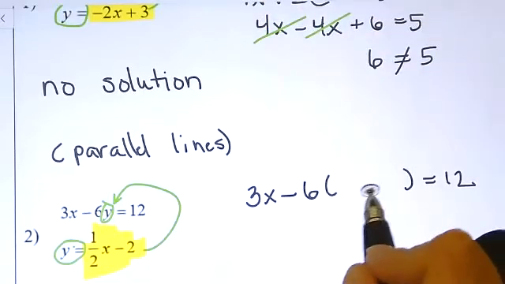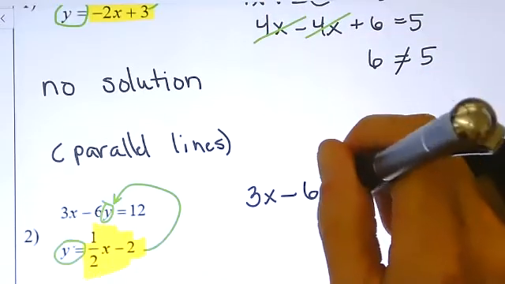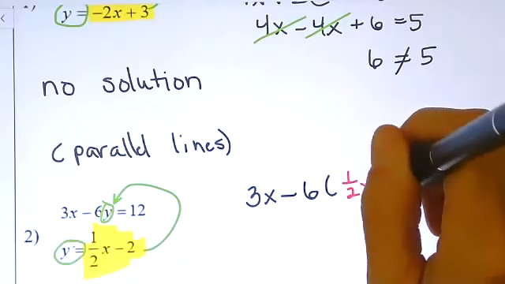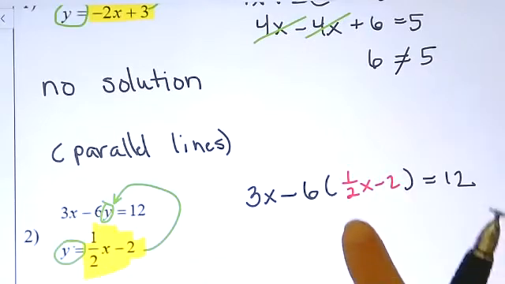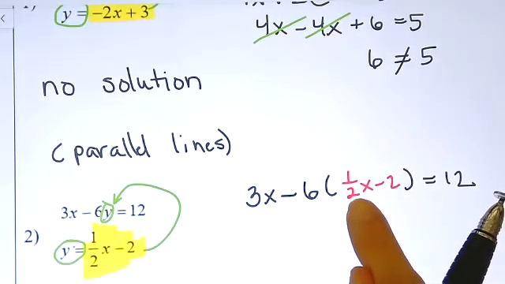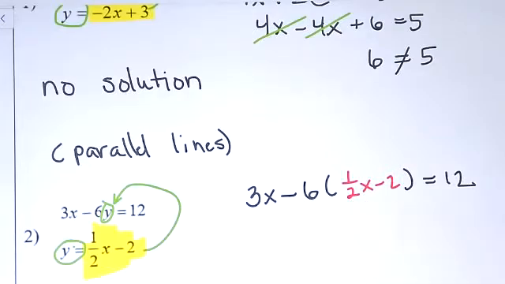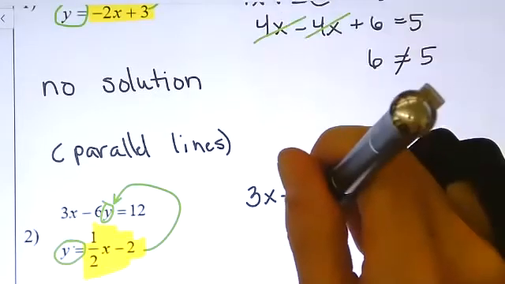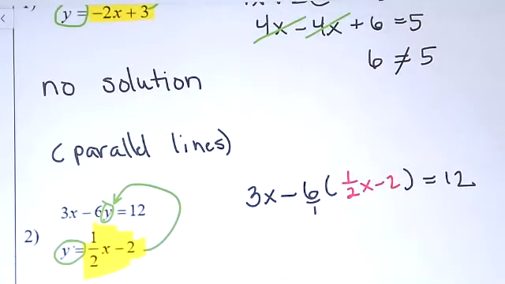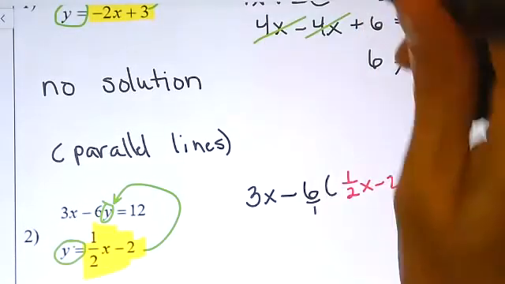But instead of y, I'm going to put in 1/2 x minus 2. And I know that's a fraction, but when we multiply it, the fraction will go away, which is kind of nice here. And if it helps you, you can put a 1 under the 6.